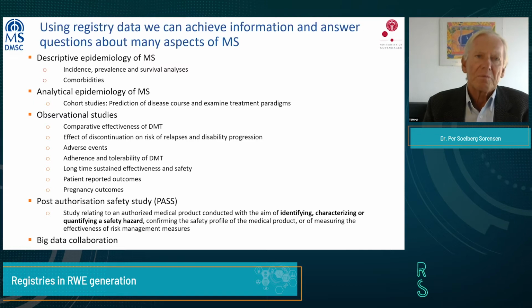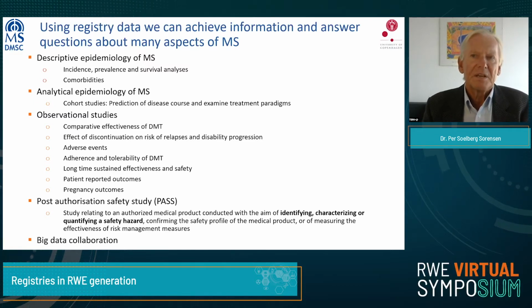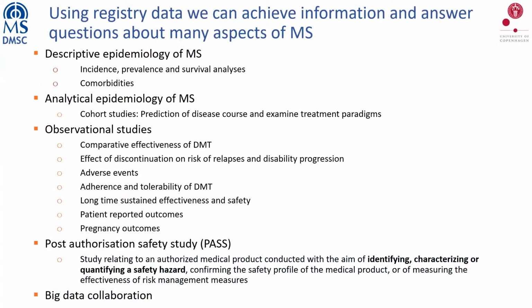So when we are using registered data, we can achieve answers to a lot of questions about many aspects of MS. We can use registered data for descriptive epidemiology of MS, looking at the incidence and prevalence and survival analysis. We can also look at the presence of comorbidities and the consequences of these.